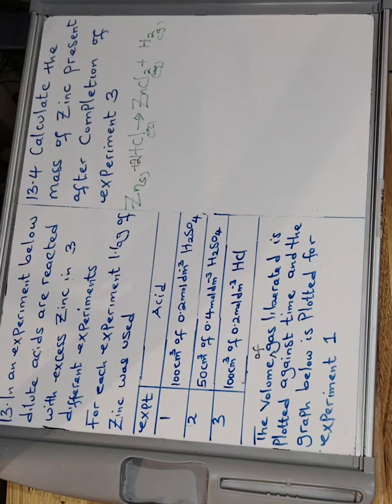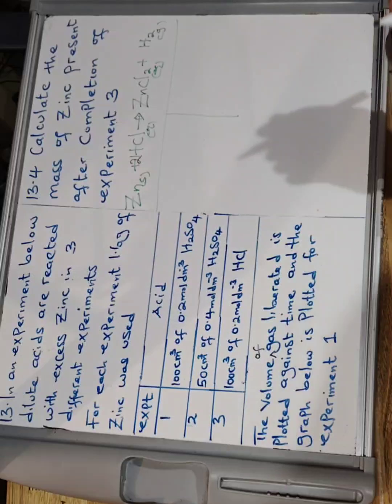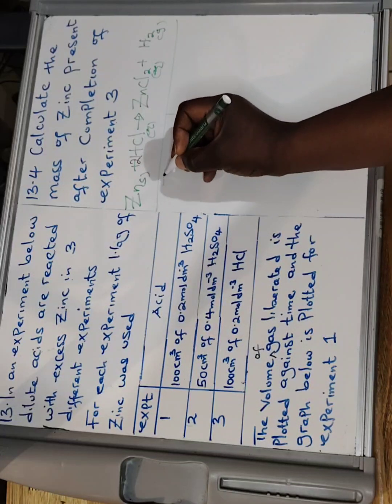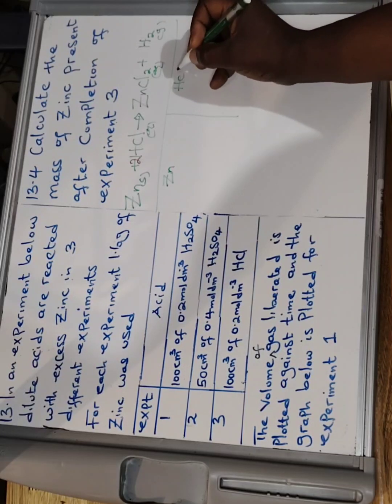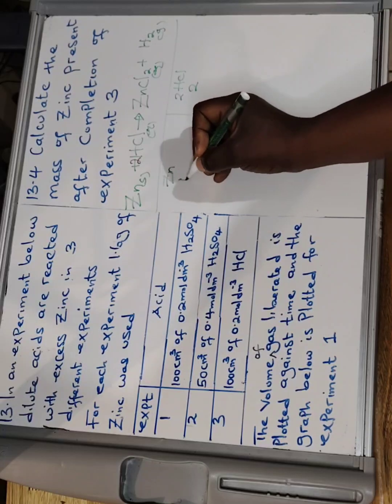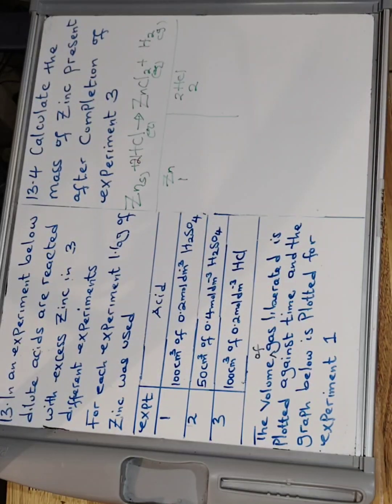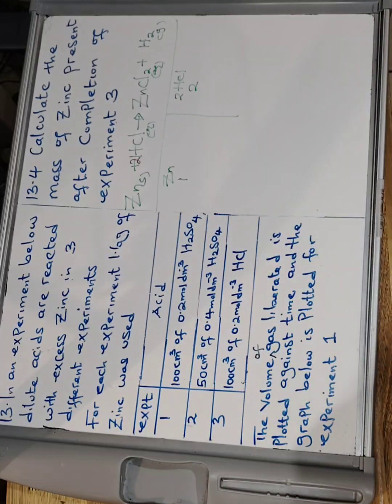What do we do under the circumstance? To make it easier, we look at our major reactants. This side we have zinc, and this side we have HCl. The ratios are 1 to 2. Now you have to know something: the concept of the limiting reagent must be in your mind.